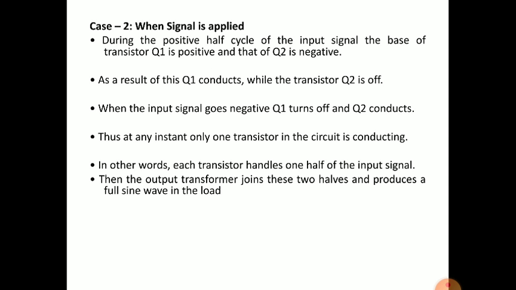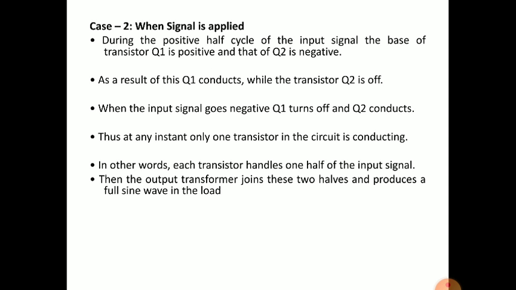When signal is applied, during the positive half cycle of the input signal, the base of transistor Q1 is positive and Q2 is negative. Please be careful here, because as T1 is a center tapped transformer, it will divide the input signal into two signals 180 degrees out of phase, which will drive Q1 and Q2.